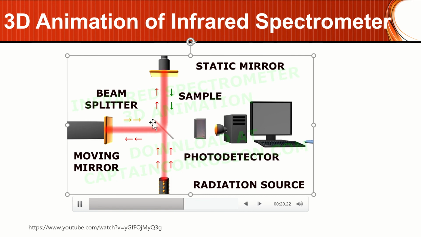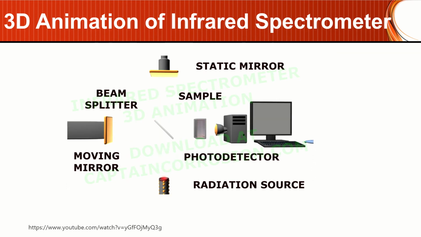It comes back partially, right? And then it goes through the sample and to the photodetector, where the interferogram is produced and Fourier transformed, right? So this is basically what I was saying in a couple seconds. Hopefully that added some more clarity.